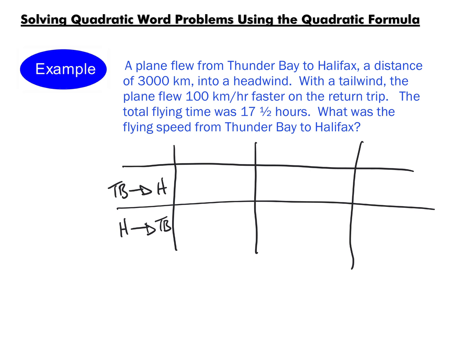And we're going to be using the relationship that distance is equal to speed times time. We're told that on both legs of the trip, the distance is 3,000 kilometers.